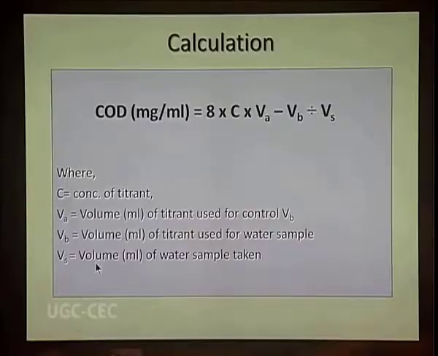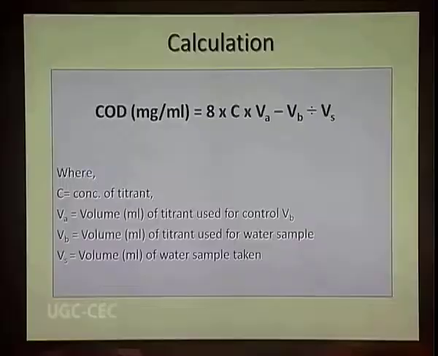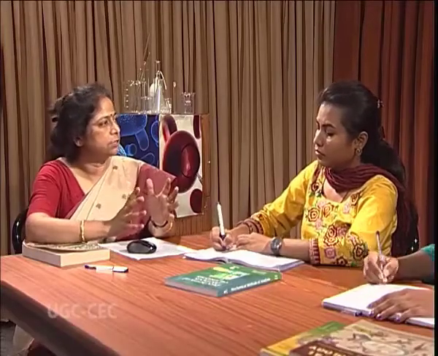And VB is the volume of the titrant which is used for the titration in order to test the wastewater or the water sample. And this is divided by Vs, that is the volume of the sample water which is taken for the titration process.